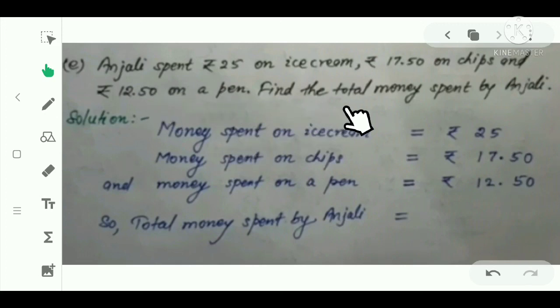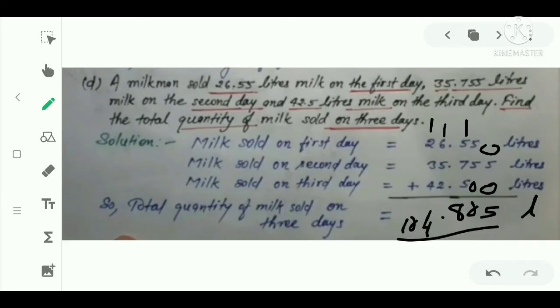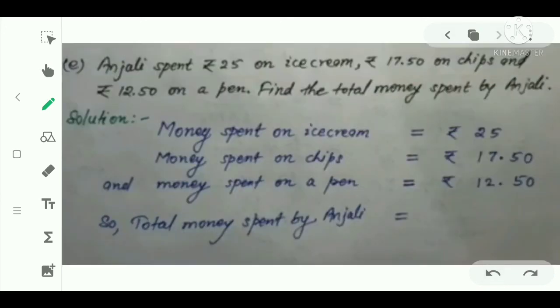So let's write the statement. Money spent on ice cream 25 rupees, money spent on chips 17.50 rupees, and money spent on pen 12.50. Now we want to find here the total money spent by Anjali. So we will add all these rupees. Here is nothing, so you can write 0 0 and also write point.